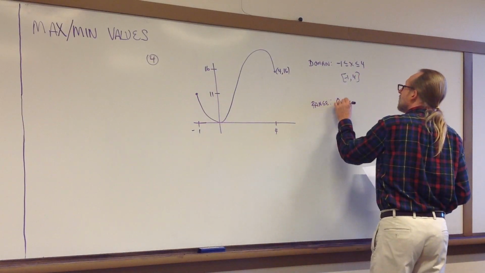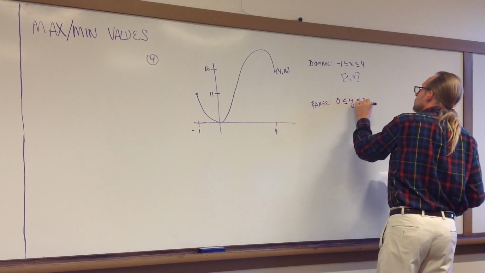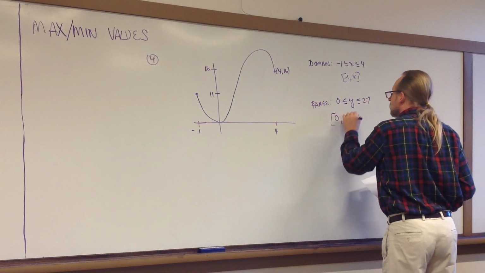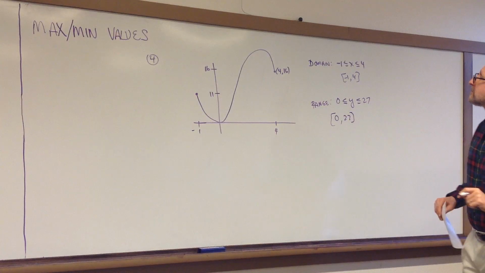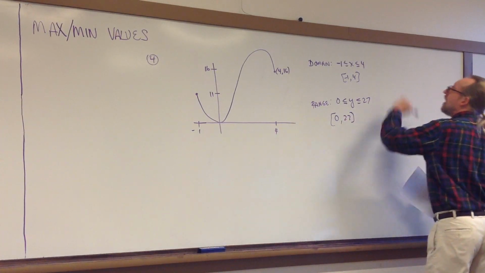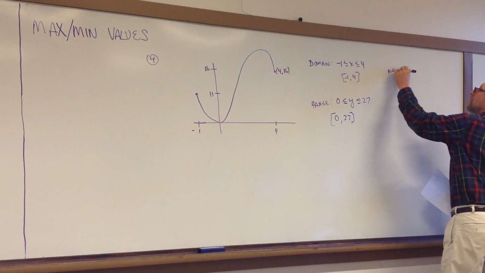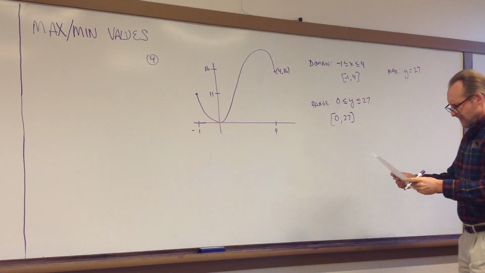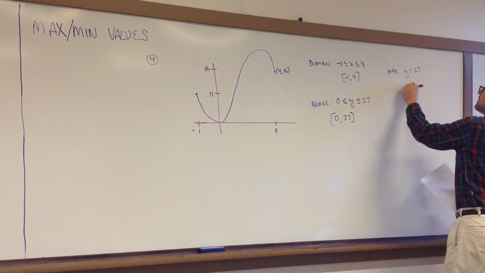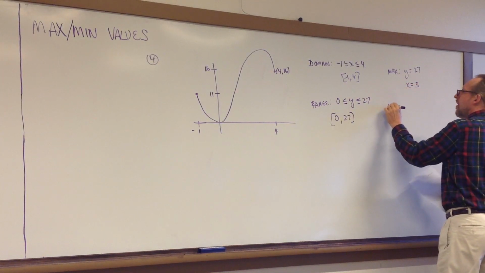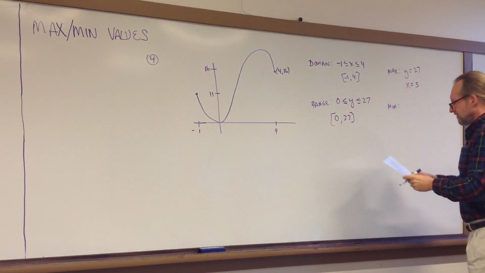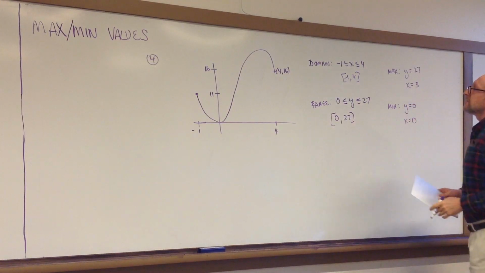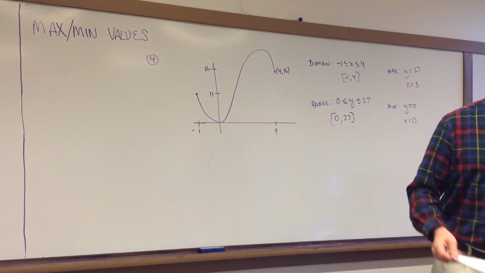So 0 up to 27, and we can do it in interval notation like that if we want to. The maximum value here is y equals 27, and we'll say that that happens at x equals 3. And the minimum value here is y equals 0, and that looks like it's happening where x is equal to 0.